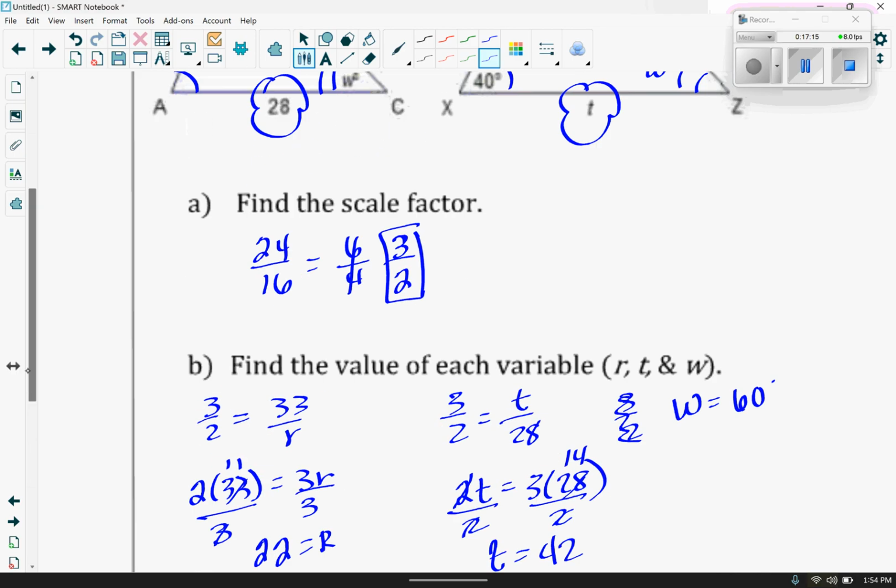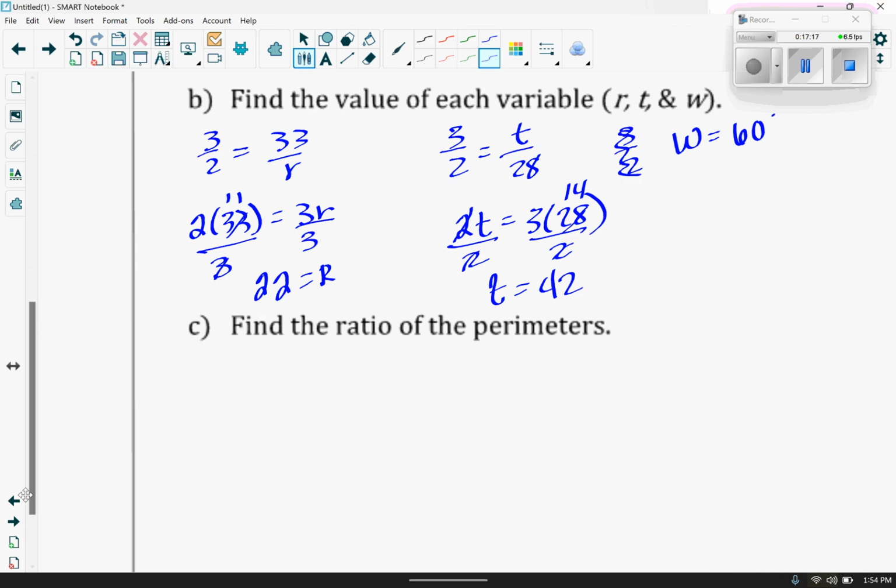Find the perimeters. Again, do your image over the pre-image. Add them all together.